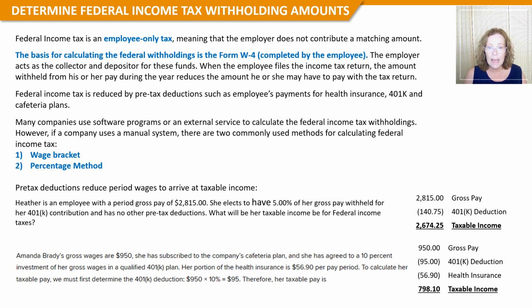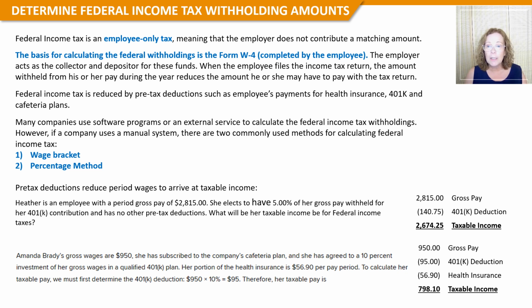What about the next example? Amanda Brady has gross wages of $950. She has subscribed to the company's cafeteria plan, and she has agreed to a 10% investment of her gross wages in a qualified 401k plan. Her portion of the health insurance is $56.90 per pay period.